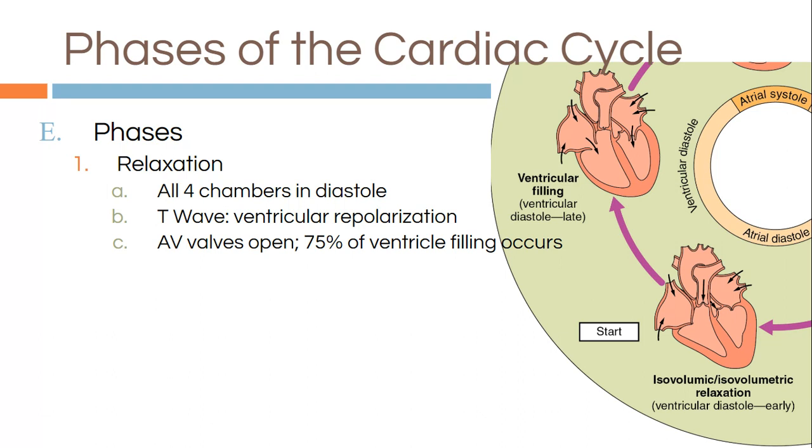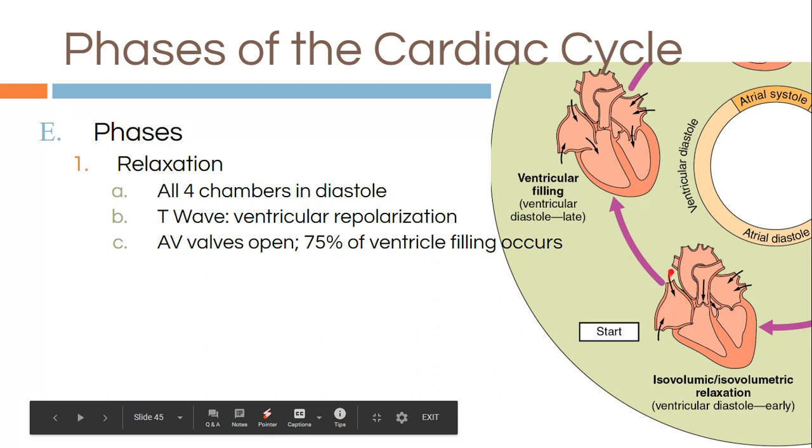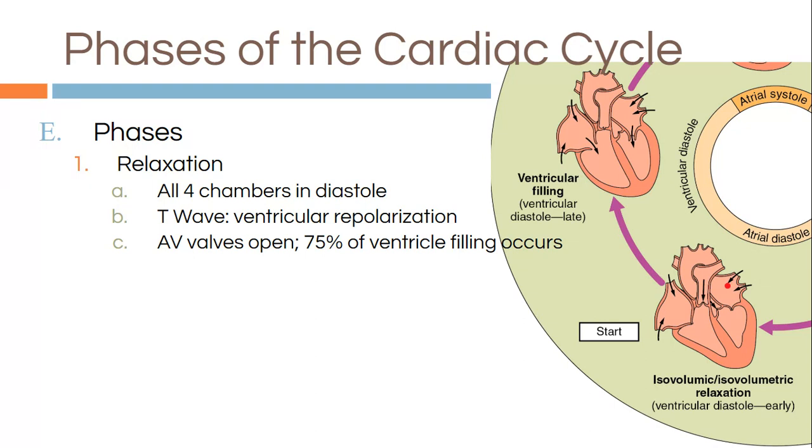About 75% of your heart's volume is filled during this phase, and the reason for that is that the AV valves are open. The AV valves, if you remember, are what allow blood to flow from the atria into the ventricles. If you start here, we have blood coming into the atria from the veins. This is blood that's already been pumped by the heart.